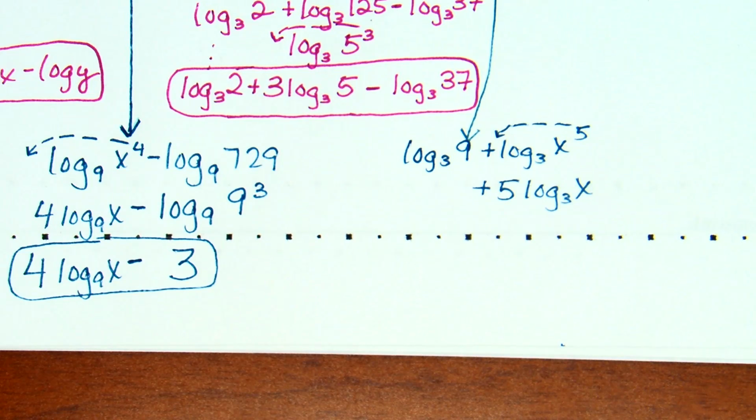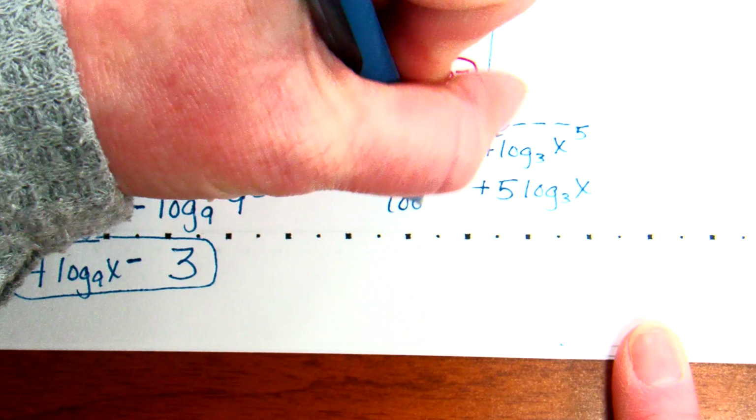Yeah, 9 is 3 squared according to our gold paper, yes. So, log base 3 of 3 squared. Log base 3 of 3 squared is 2.